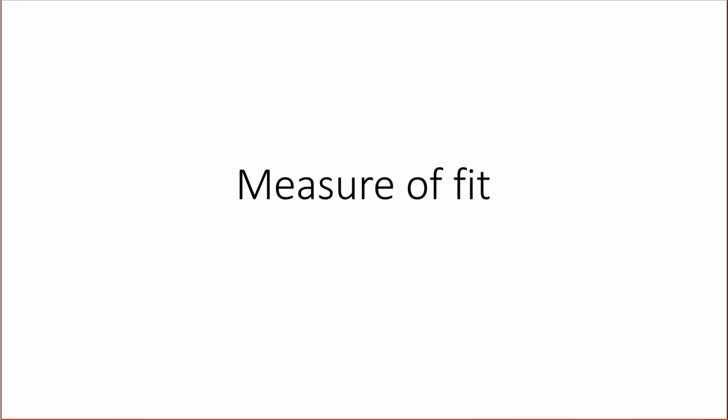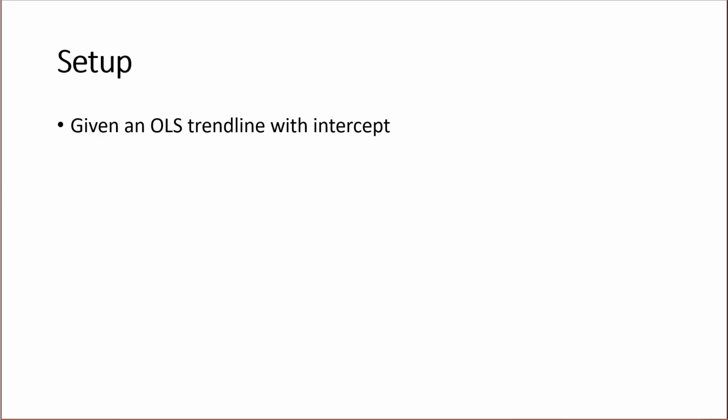So we have a standard setup with an OLS trend line calculated from n observations of a y variable and an x variable, and it has an intercept, so it's b1 plus b2x. b1 is calculated from the OLS formula, as is b2.